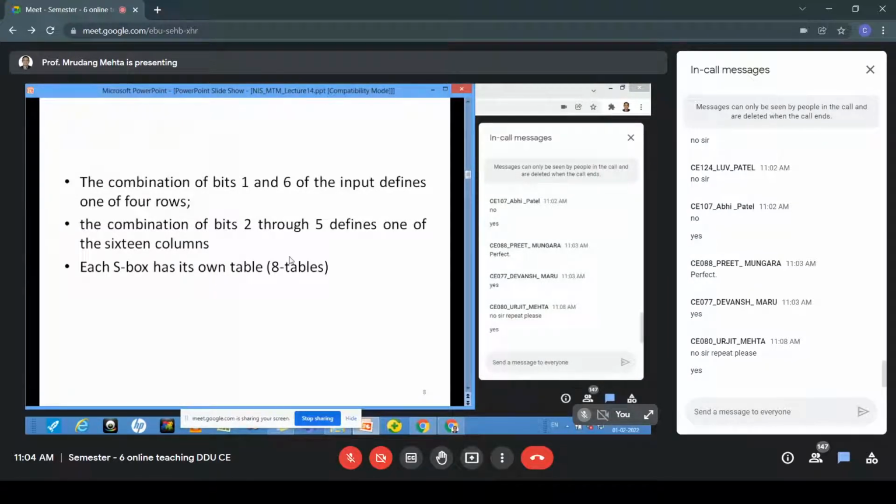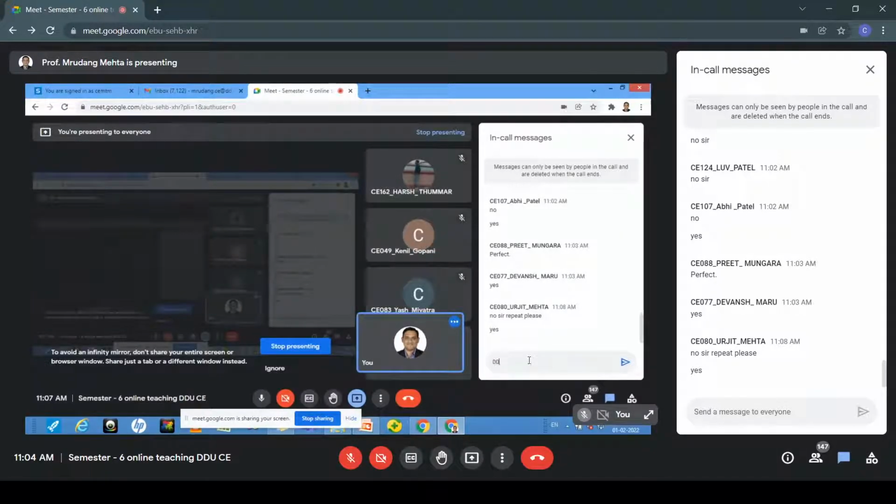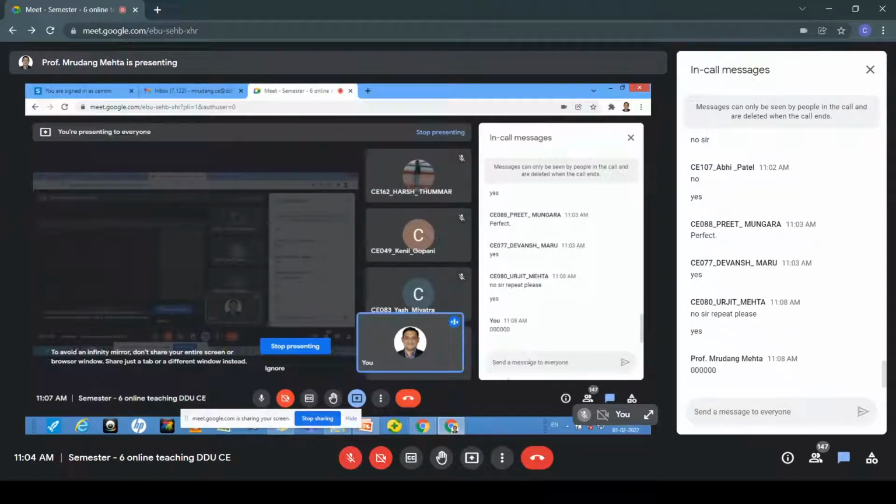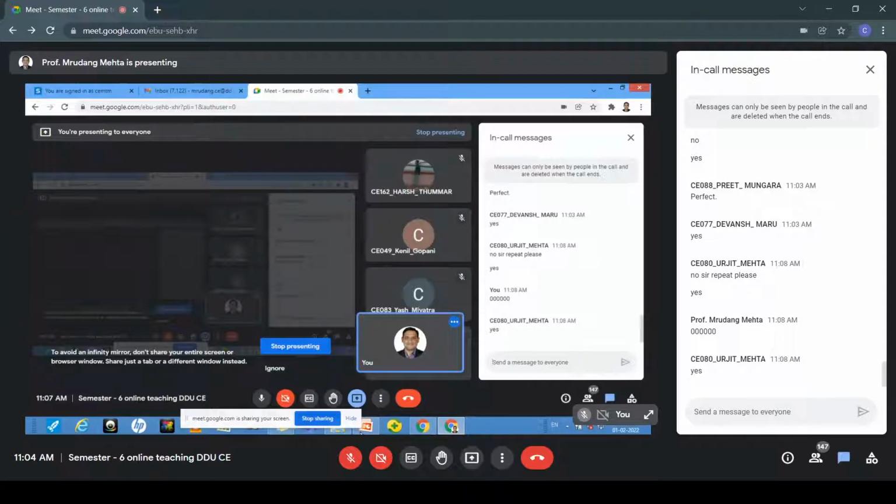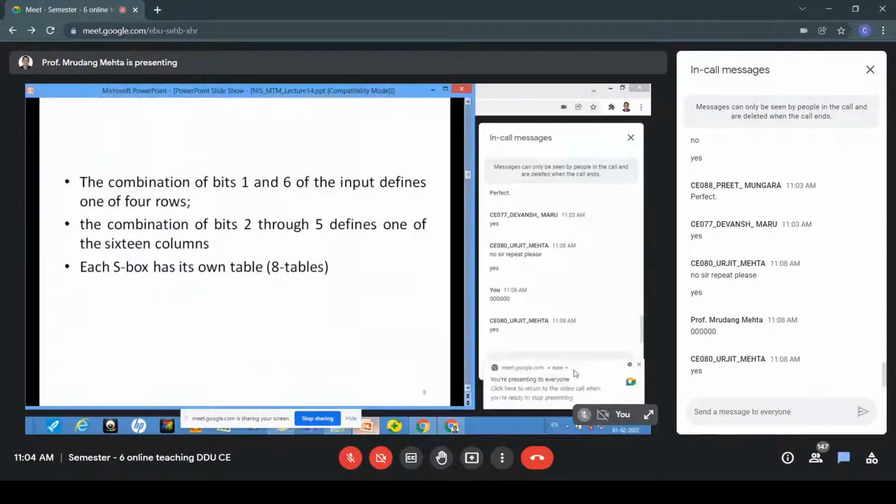Okay. Now, let us take these 6 bits: 1, 2, 3, 4, 5, and 6. Can you see those 6 bits? Now we have bit 1 and bit 6. Can you observe bit 1 and bit 6?